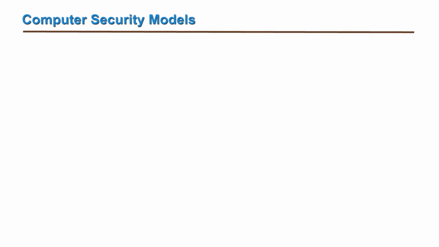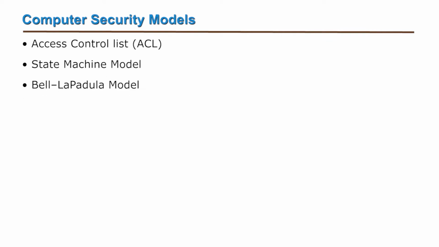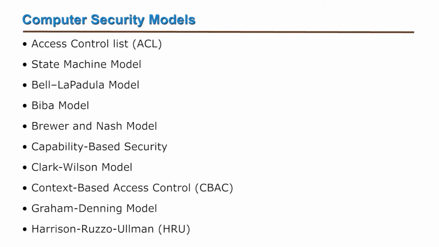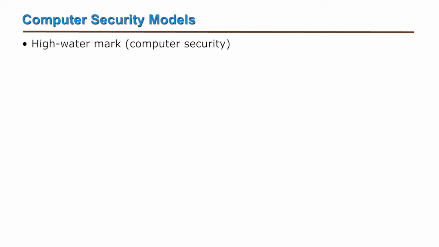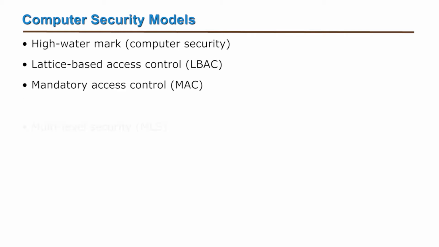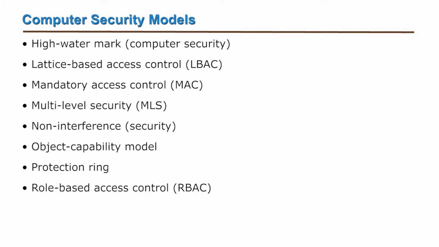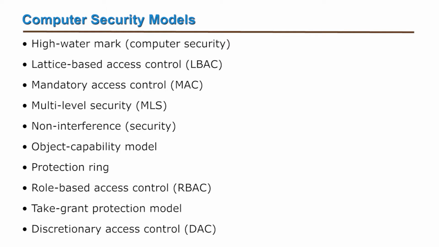Some of them quoted by Wikipedia are Access Control List, State Machine Model, Bell-LaPadula Model, Biba Model, Brewer and Nash Model, Capability-Based Security, Clark-Wilson Model, Context-Based Access Control, Graham-Denning Model, Harrison, Ruzzo and Ullman Model, High Watermark, Lattice-Based Access Control, Mandatory Access Control, Multi-Level Security, Non-Interference, Object Capability Model, Protection Ring, Role-Based Access Control, Take-Grant Protection Model, Discretionary Access Control.